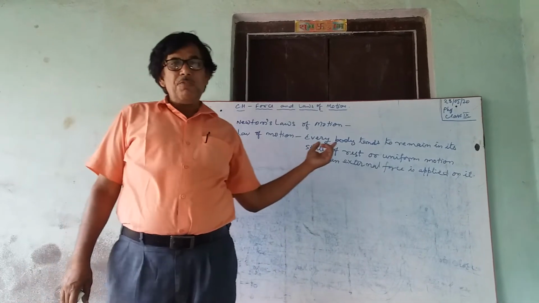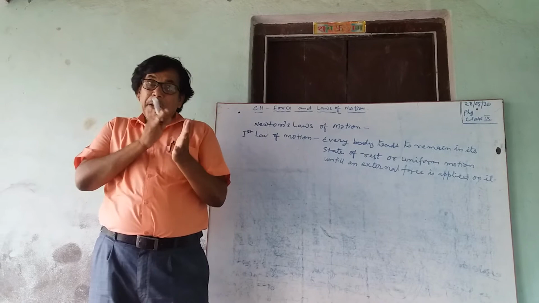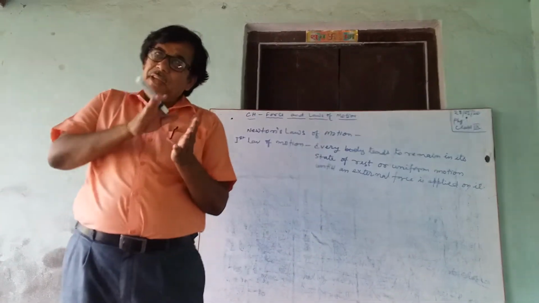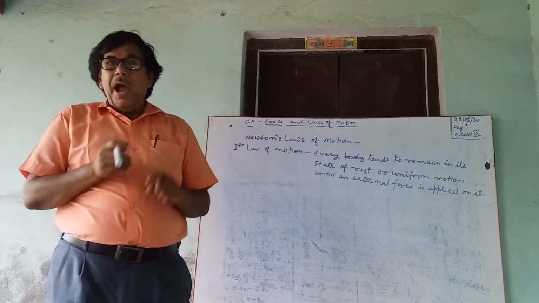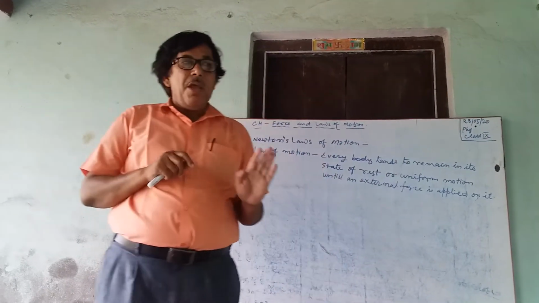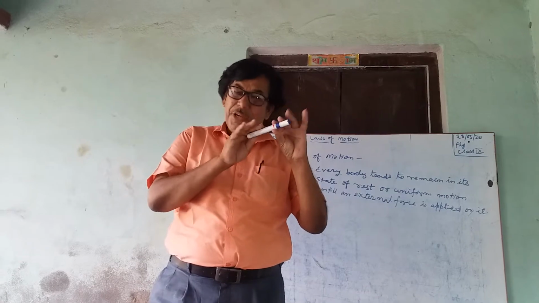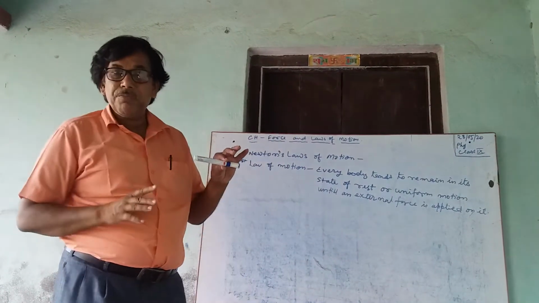Newton's first law of motion. According to this law, every body has a tendency to remain in its state of rest or uniform motion until an external force is applied on it. Means, if a body is at rest, it will remain at rest if we apply no force.